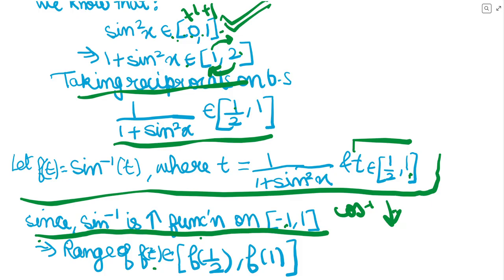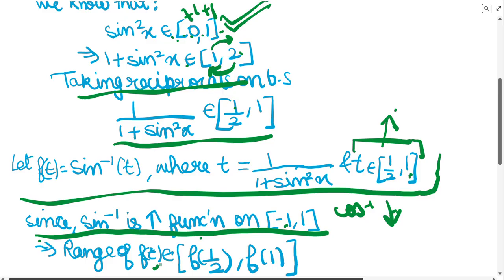So as we already said, we need to find the range. Since sine inverse is increasing, the range is automatically found by substituting the domain which we calculated earlier. So we'll directly substitute 1 by 2 at the starting point and 1 at the ending point, and this is the range of the function f of t, which we defined right here.